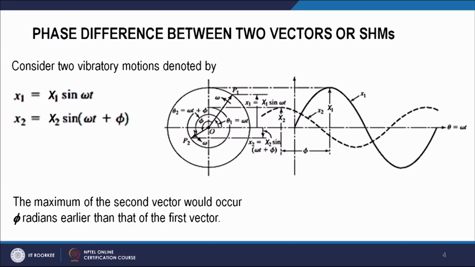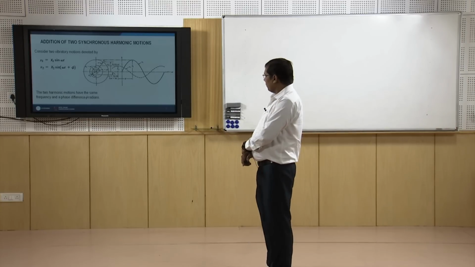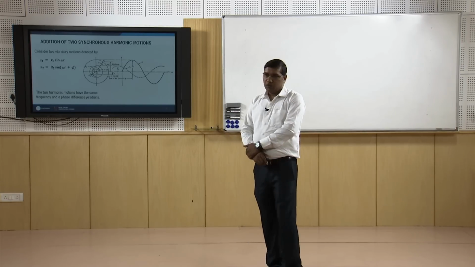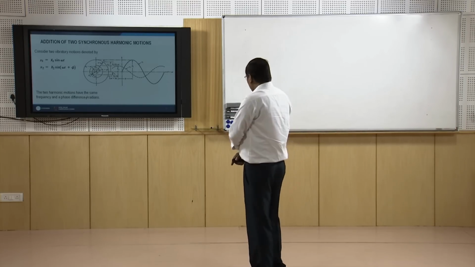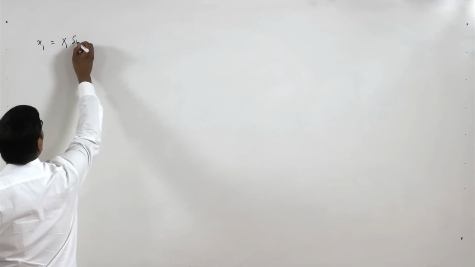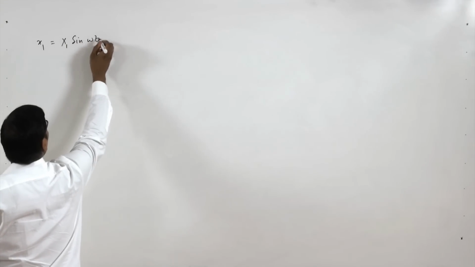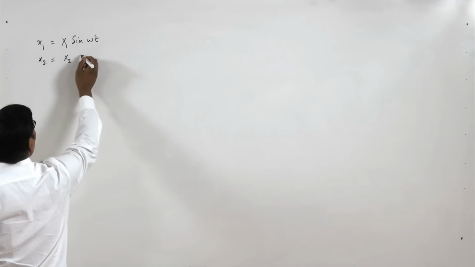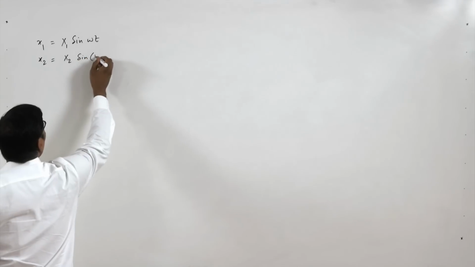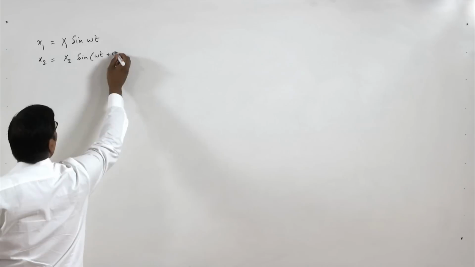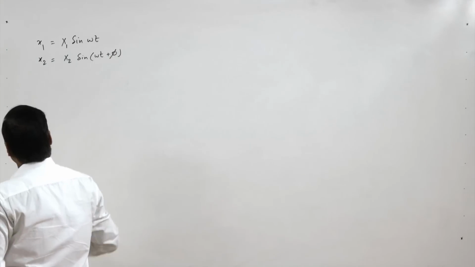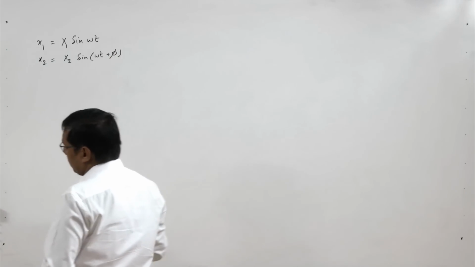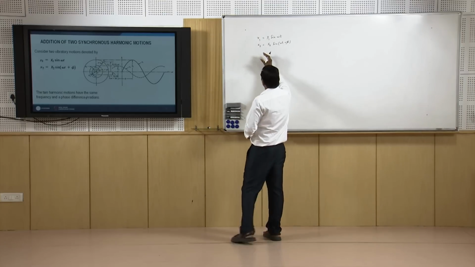Now, we want to add these two motions. What is the resultant of these two motions that we have to find out? These are the two motions and we want to add them.